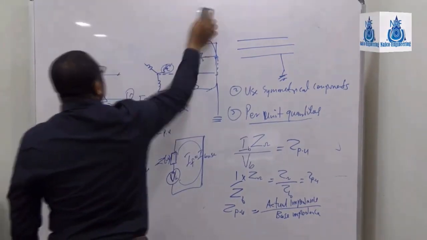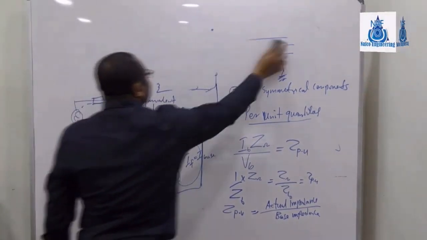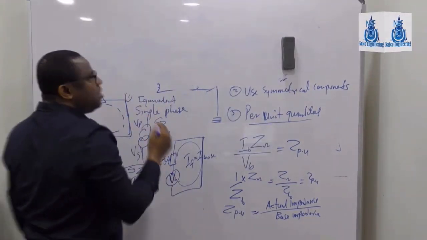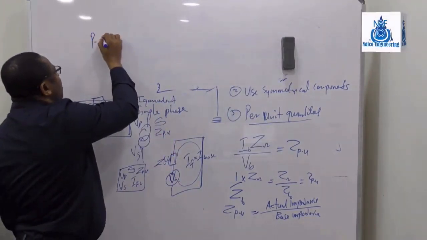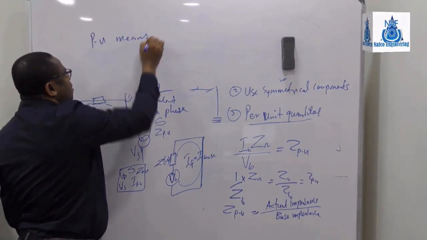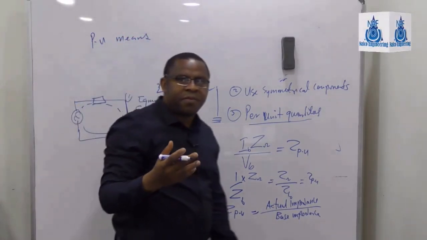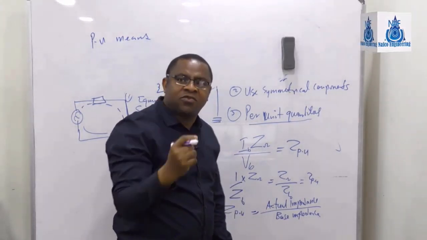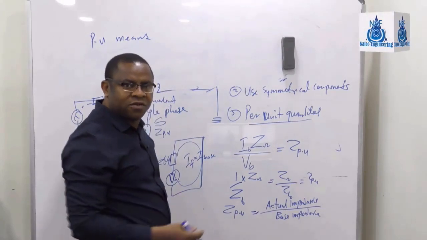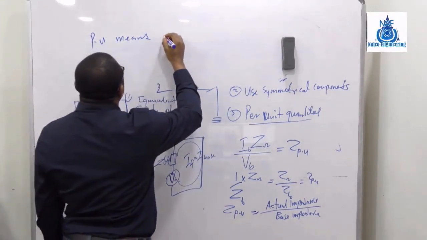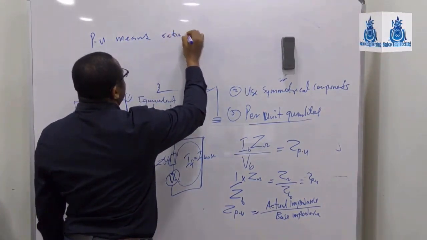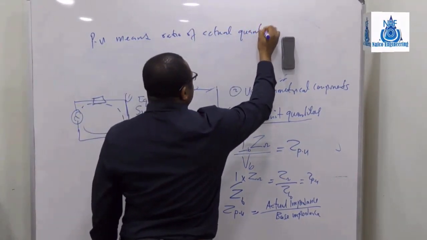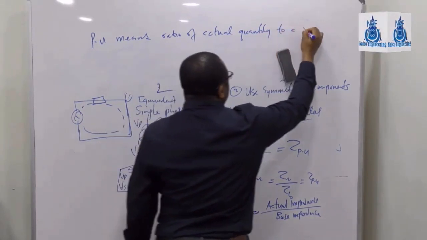If someone asks you what per unit is in the very first place, anything in per unit just means a ratio of the actual quantity to a reference quantity.